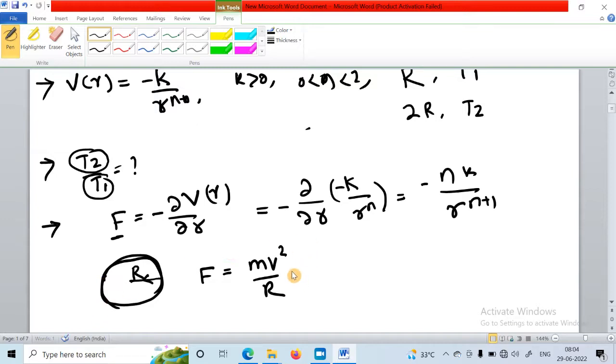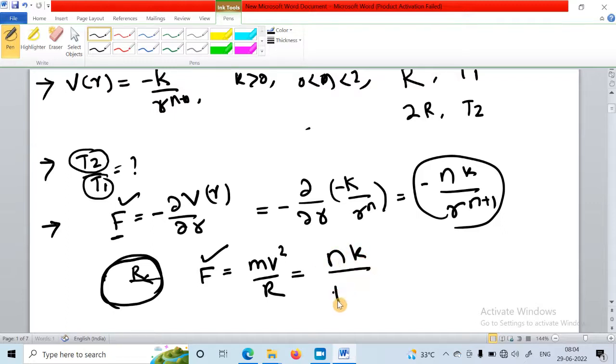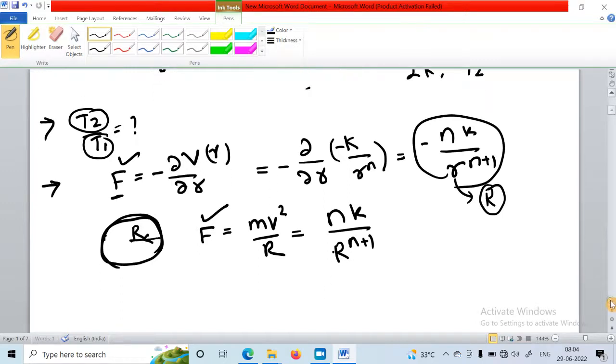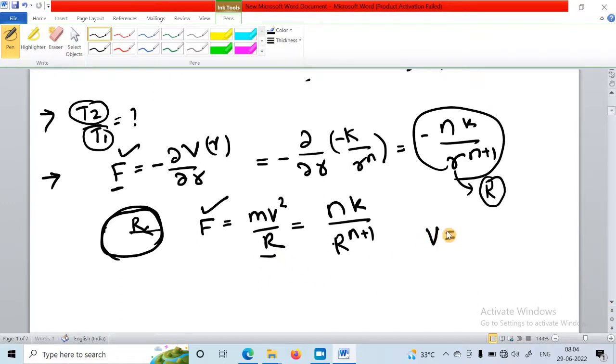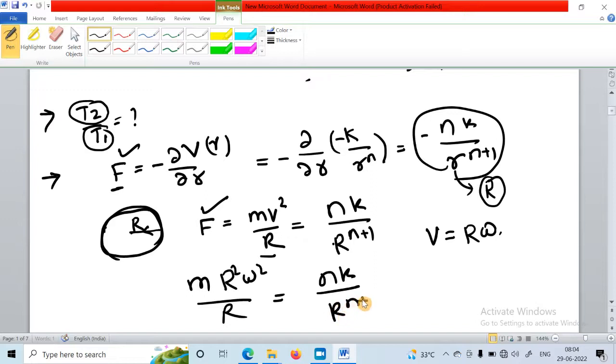This force is exactly equal to the centripetal force, and here we take the magnitude only, so it is R to the power n plus 1, because we have taken R as the radius. There is a relation between the linear velocity and angular velocity, which is v equals R times omega. So we can put it here: m R square omega square by R equals n k by R to the power n plus 1.